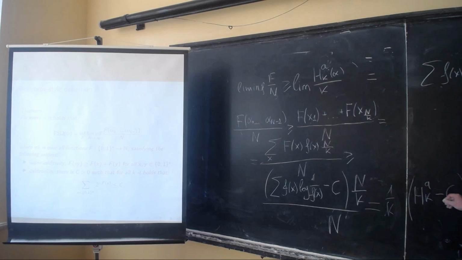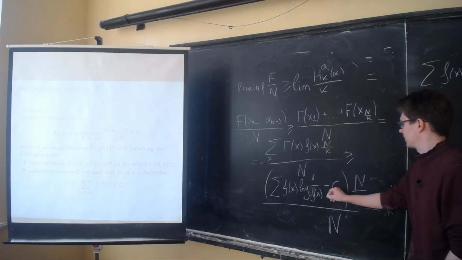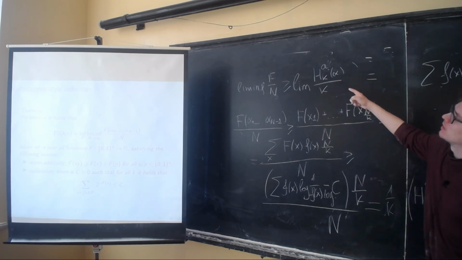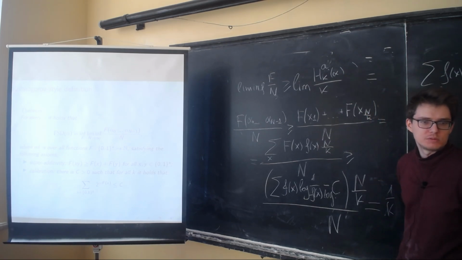But it's not important. Log c is a factor everywhere, so it's the same constant. And I obtain this for every k, and C doesn't depend on k. So if I take the limit, this becomes this. So the theorem seems to be proved.